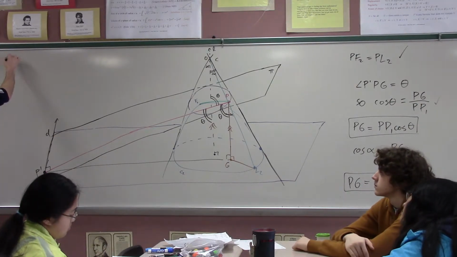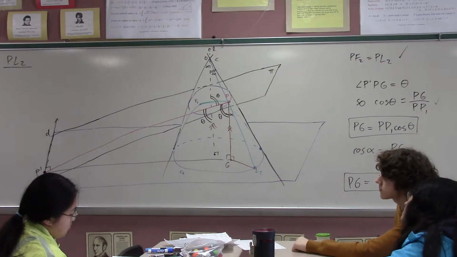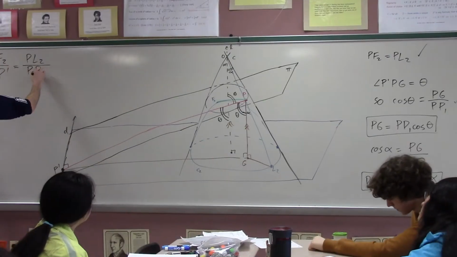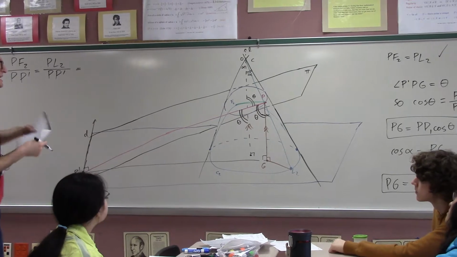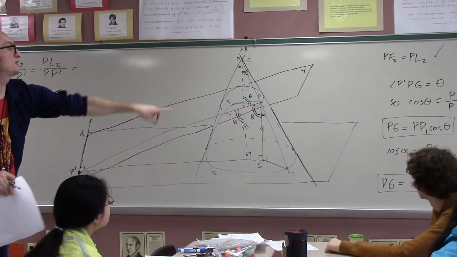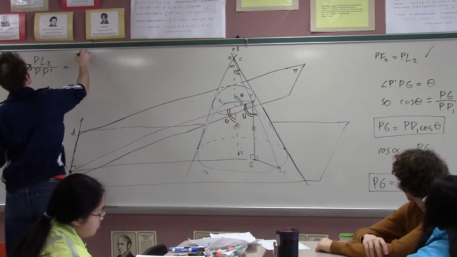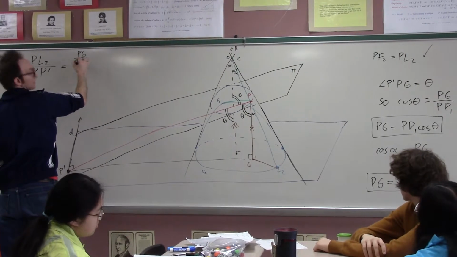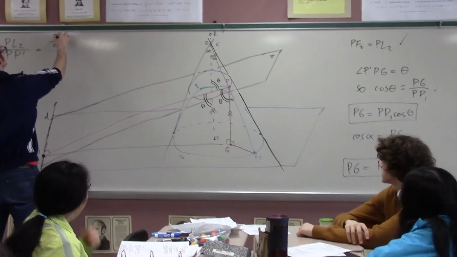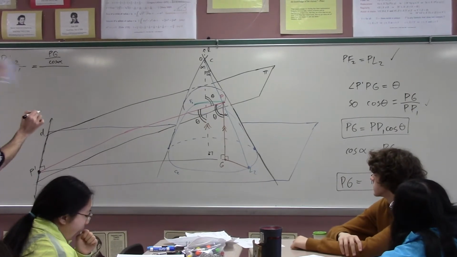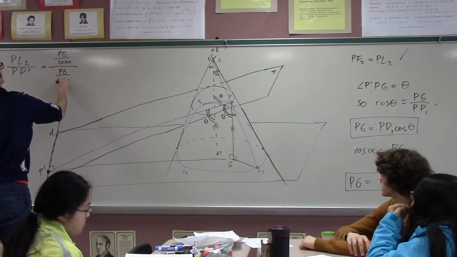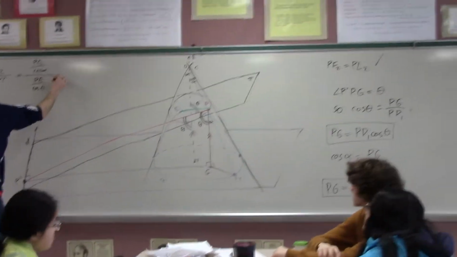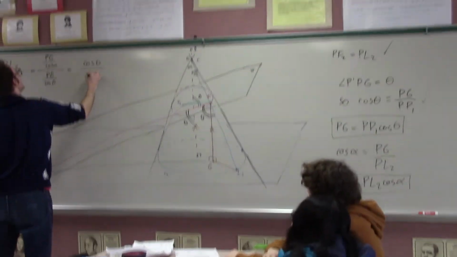PF2 is just PL2, and PL2 is PG over cosine alpha. And PP prime is PG over cosine theta. In other words, the ratio is cosine theta over cosine alpha.